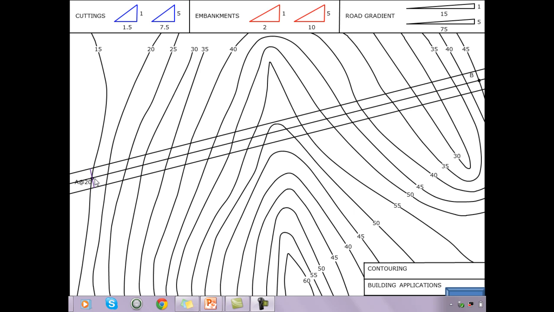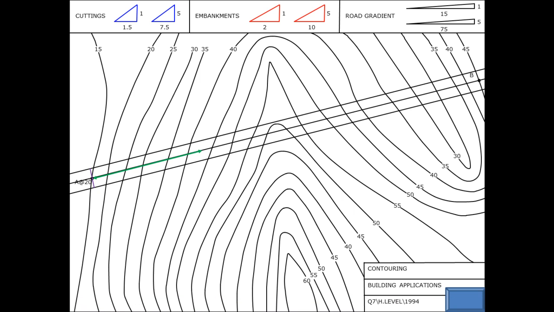Generally speaking, you want to have a high point and you want to have a low point. So if we walk out here a distance of 75 meters, we will have gained 5 meters in height. So for every 75 we walk along the road, we gain 5 meters in height with our current road gradient. So if we started off at 20, we walk out 75 meters along the road, and we've now gained 5 meters, so we're now at a height of 25.